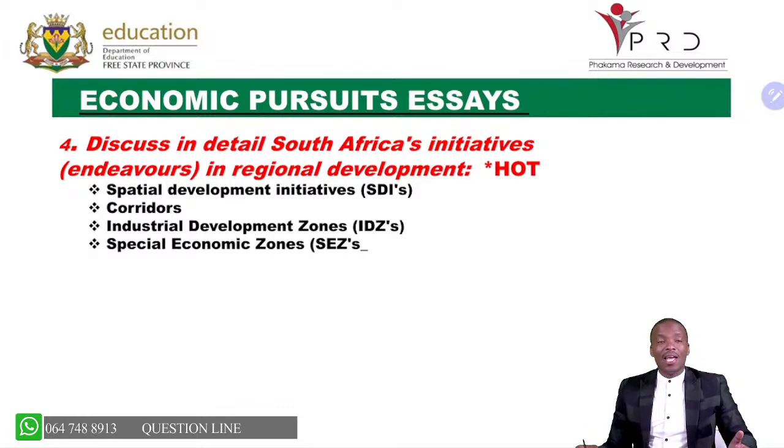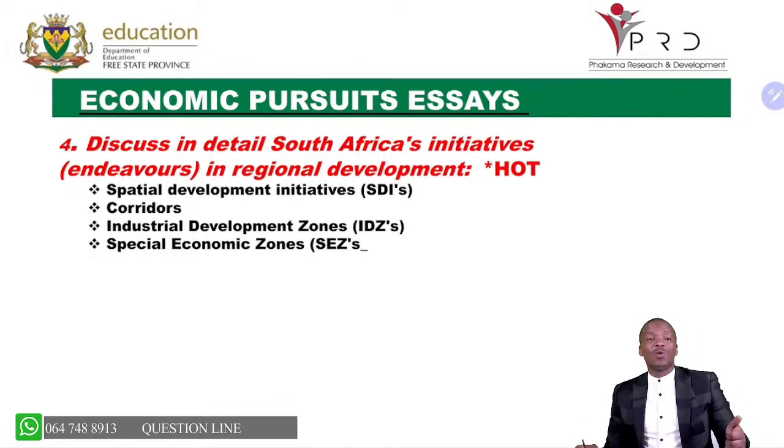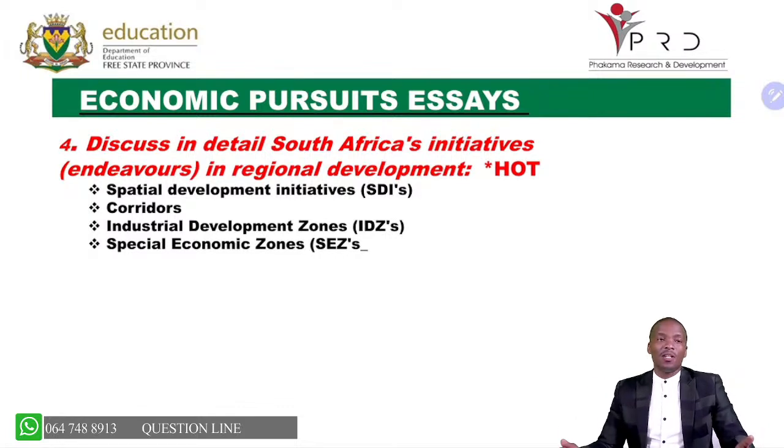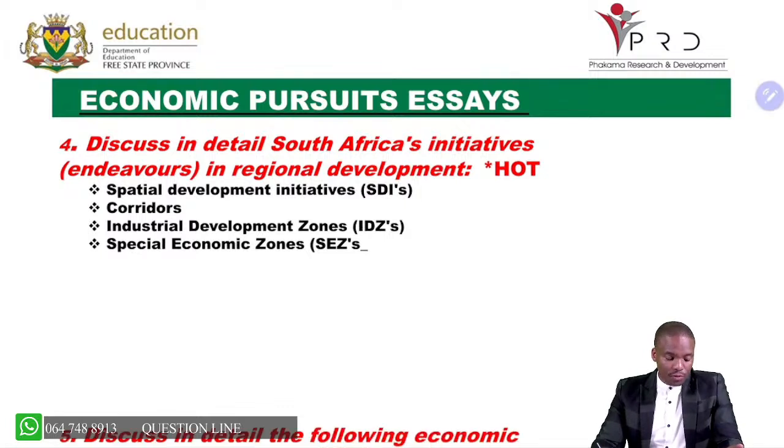Because they are only situated next to harbors or ports, they are a disadvantage to the economy. They also lacked the ability to attract investment and create jobs. Hence, we now have what we call the special economic zones. So this is part of the hot essay that you need to know. For those who are choosing question 6, remember these are the question 6 essays.